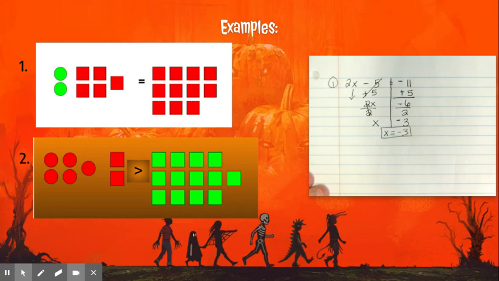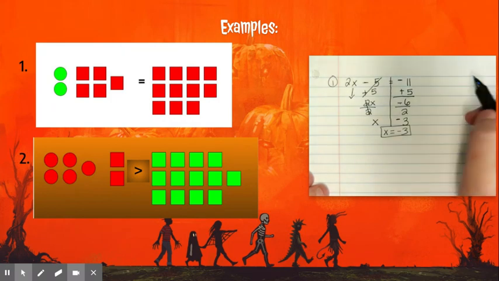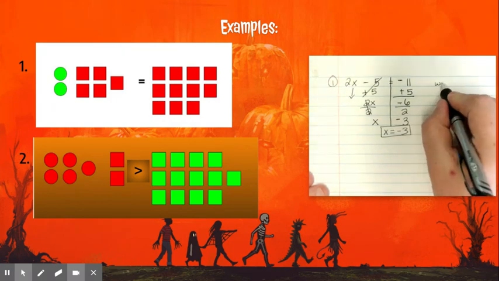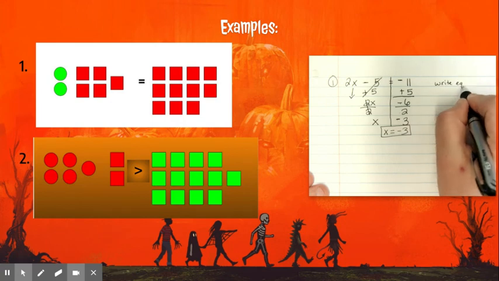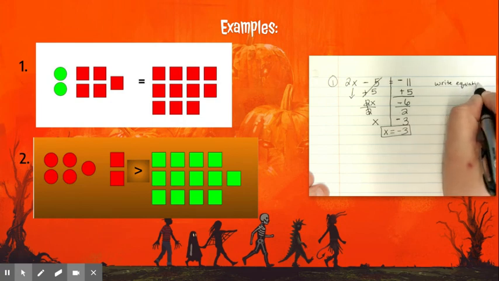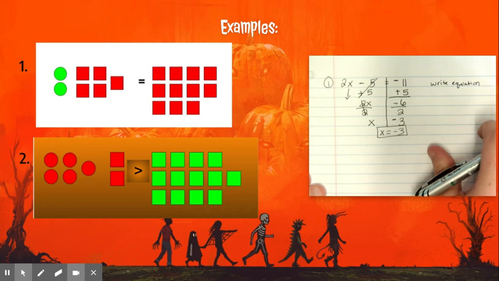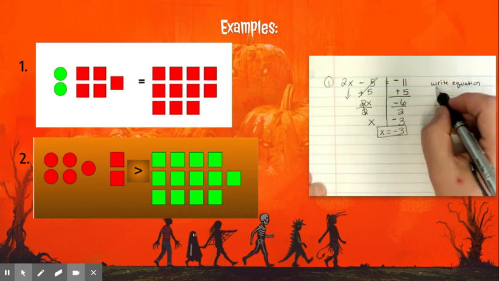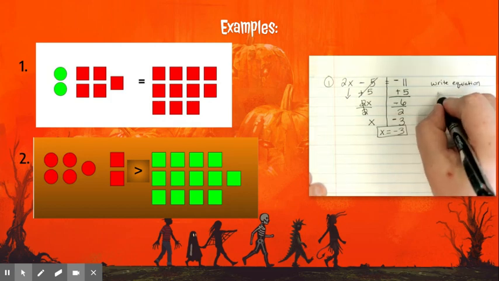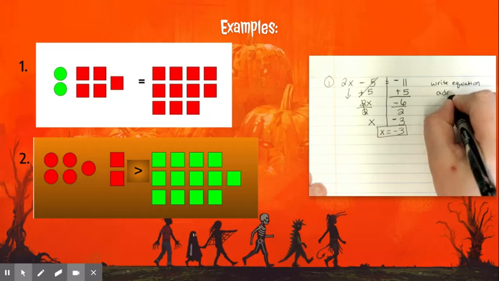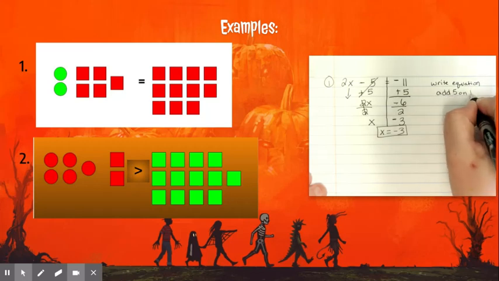Look at my steps. So we wrote the equation, right? Let me write out our steps here. Write the equation. And then we're going to add 5 on both sides.